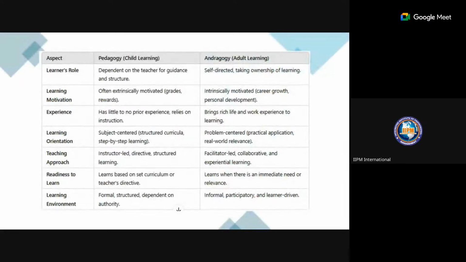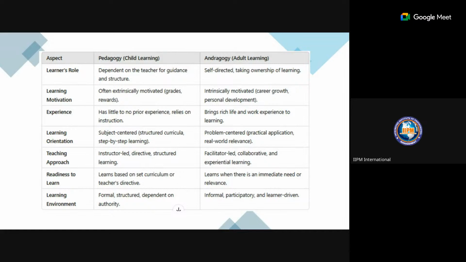Now, you will see the difference between andragogy and pedagogy. In the aspect of the learner's role under pedagogy, the child is dependent on the teacher for guidance and structure. But for andragogy, the adult is self-directed. He takes ownership of his learning because he understands why he has to take that learning.